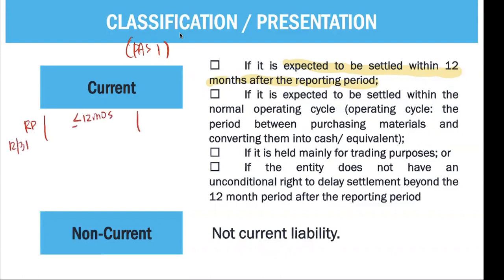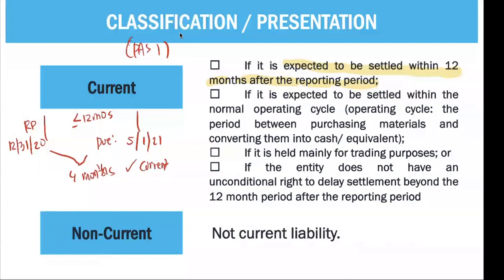For example, our reporting period is December 31, 2020, and the liability is due on May 1, 2021. How many months? You have 4 months. Is 4 months less than or equal to 12 months? Yes. Therefore, we can consider that as current.